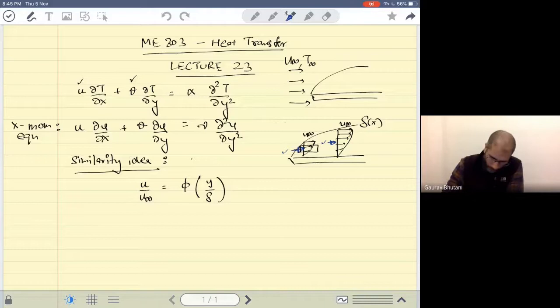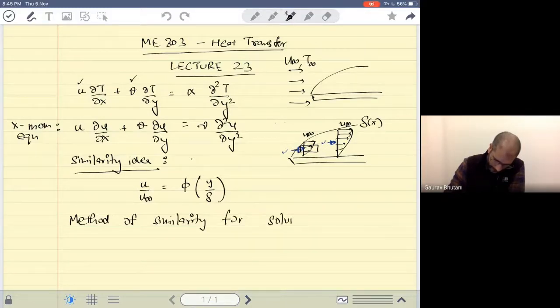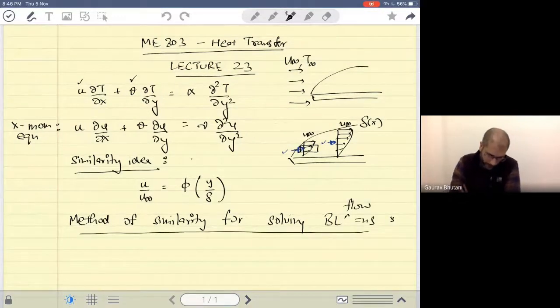So what we typically do in the method of similarity, we define a stream function.